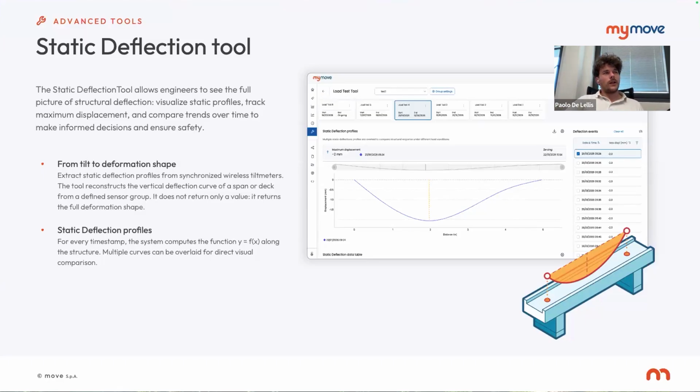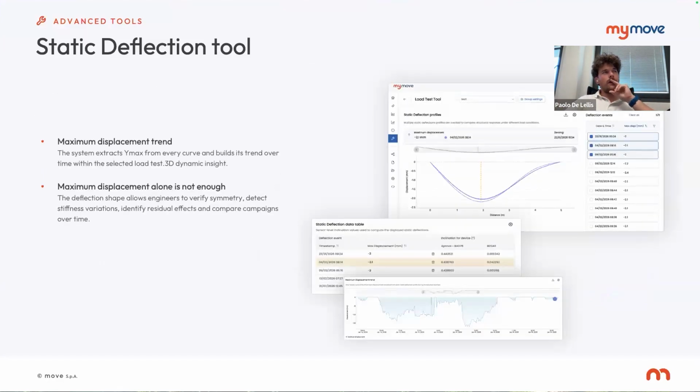And this is important because it is a method that allows you to understand, for example during a load test, the maximum static displacement that you have from your structure. So you can obtain the maximum displacement.